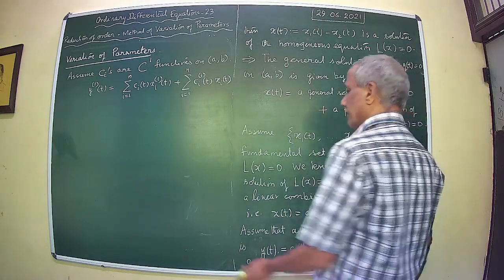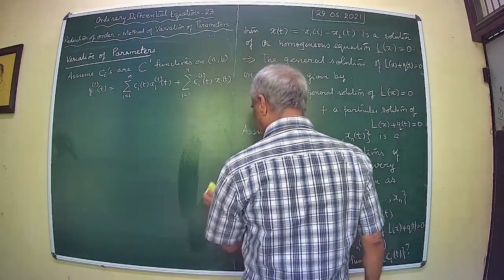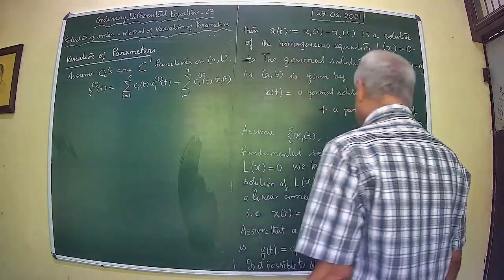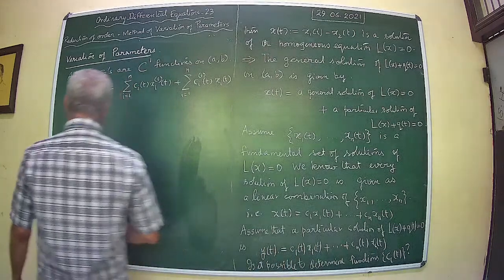Okay, so I say C1, C2, etc., Cn are in our hands. We can choose them the way in which we like. So now set the second part equal to 0.